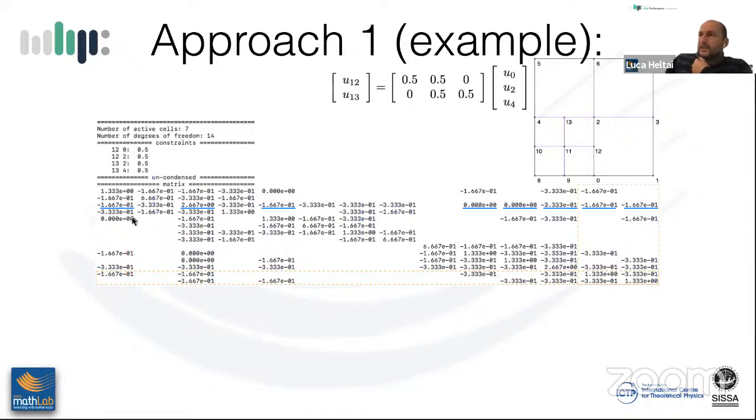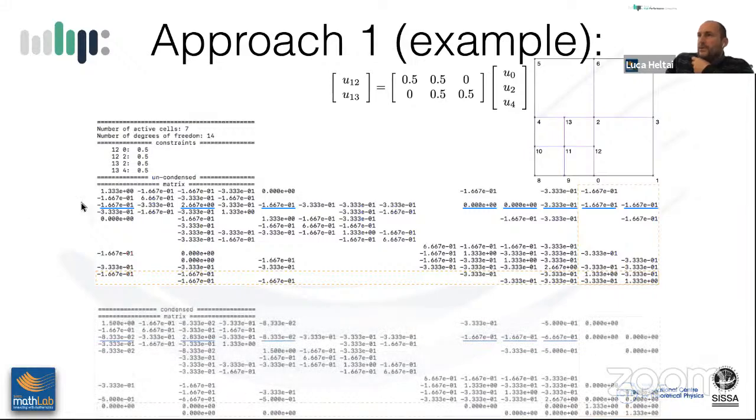In the condensed matrix, what you will see is that these entries over here that are now in blue, just take a look at line number 3, which is U2, will change. This will change because I am basically eliminating from the degrees of freedom on the bottom right whatever was the ACC matrix, and I'm trying to keep the same scaling, but now I've eliminated the part on the right-hand side that you see here.